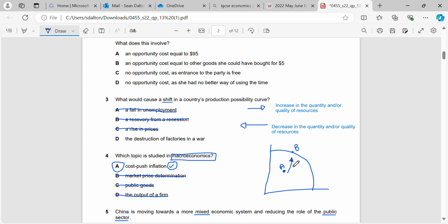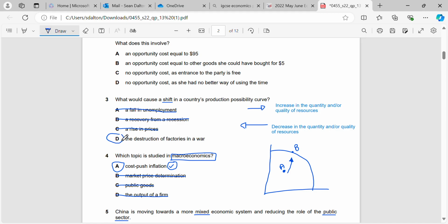Okay? Why? Because with a recession we're likely to have high unemployment. So the same thing, we have the resources available, there's just not enough demand to make all the goods and services we can in a recession. But as we recover from that recession, the demand will increase, right? Therefore we will start to use all of those resources again and move back towards being on the curve.